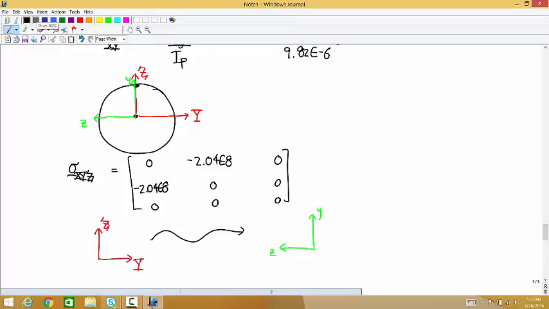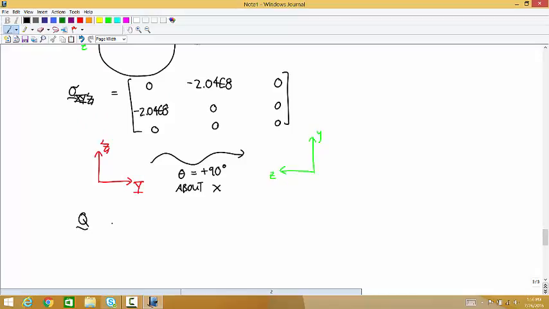So what's the rotation we need? It's going to be about the x-axis. Negative 90. Positive 90 degrees about the x-axis. So plus 90 about x.